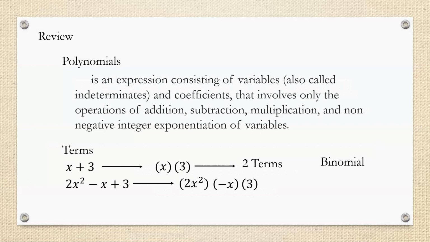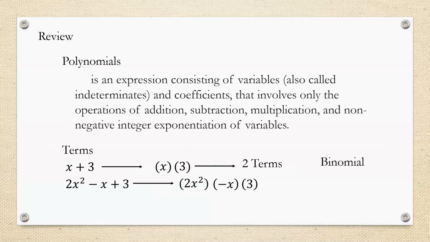Tatandaan niyo, yung definition natin, coefficients that involve only the operations of addition, subtraction, and non-negative exponents. Okay? So kasama siya, operation. So, sir, bakit yung 2x squared is positive yan? Bakit walang plus? It is understood. Ganun din ang 3. It is understood. Pag wala kang nilagay na any operation aside from negative, consider kagad natin that is positive.